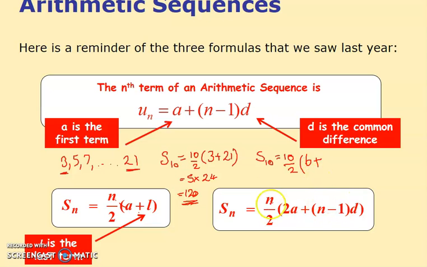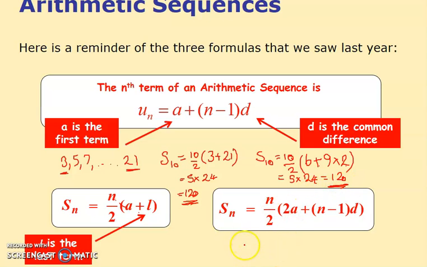Plus n minus 1, well n is 10, so n minus 1 is 9, times the common difference, and I think they went up in 2s, yes they did. So 10 over 2 is 5 times 6 plus, well obviously you do the brackets first, so the multiplication first, that's 18 plus 6 is 24. Oh, it's the same answer then, so it's 120. And you can see it worked both ways.